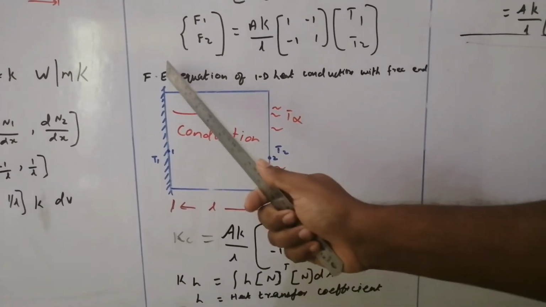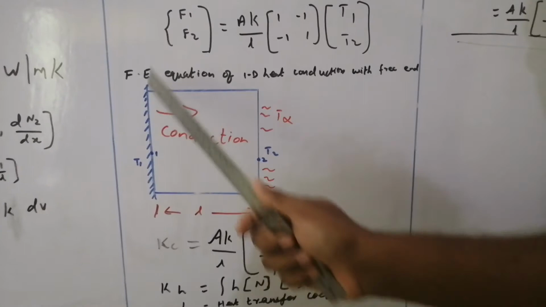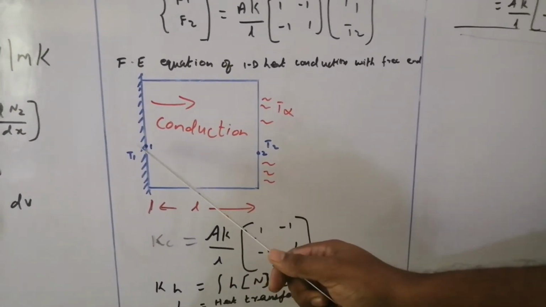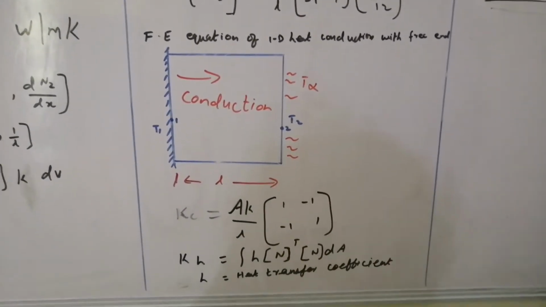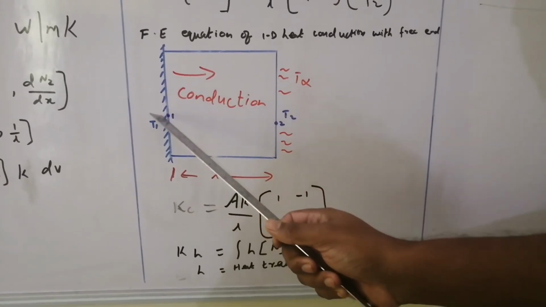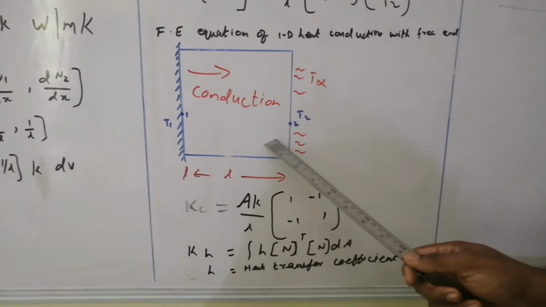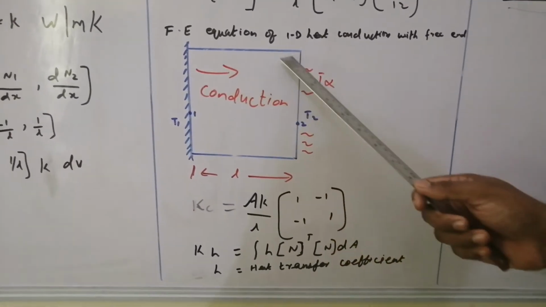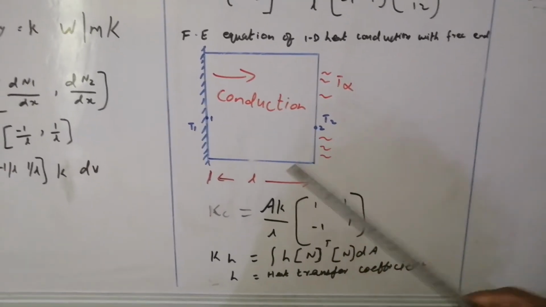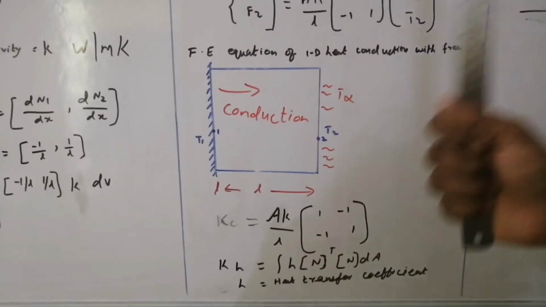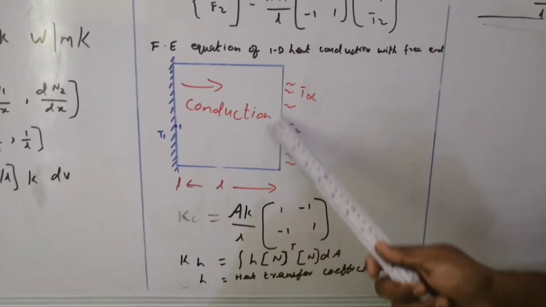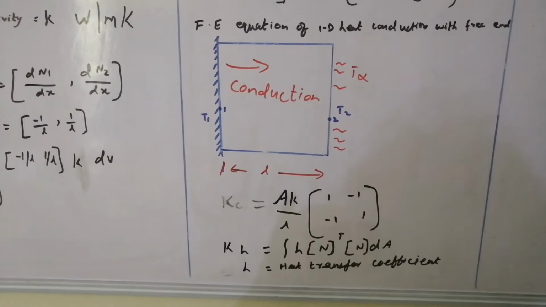That is, if we are taking this element which is sealed here, with the two nodes 1 and 2, and heat is passing through this node, throughout this element conduction will occur. And I already repeated what conduction is, that is, the transferring of heat throughout the element is called conduction.